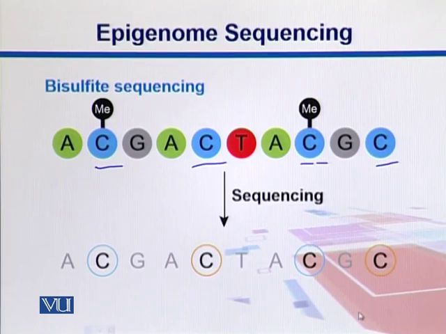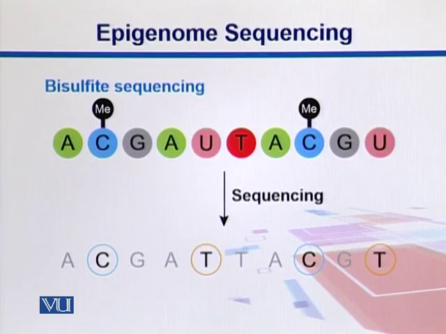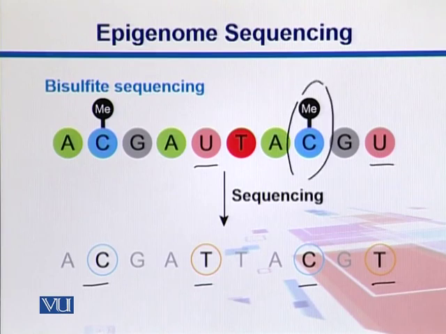What they do is convert those C's which are not methylated into U's, and then when they are sequenced, they become T's. The ones which were methylated remain as C's, but the ones which are not methylated become T's. In this way, while comparing these two fragments with one another, we can identify where we do have methylation patterns, which are right here in these two C's.